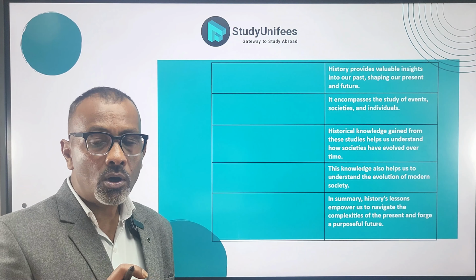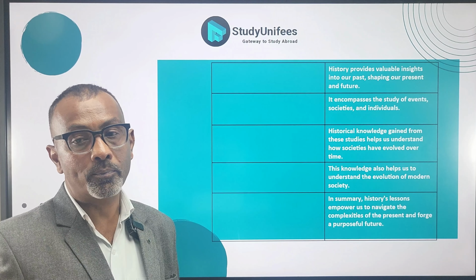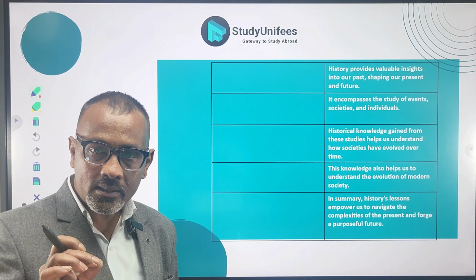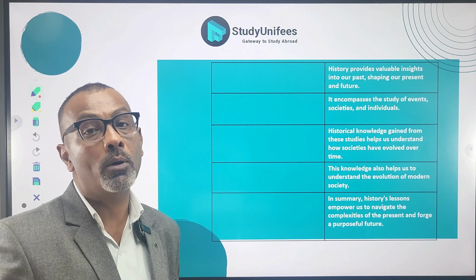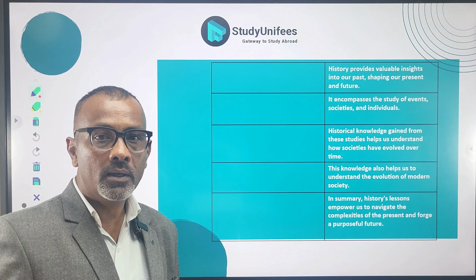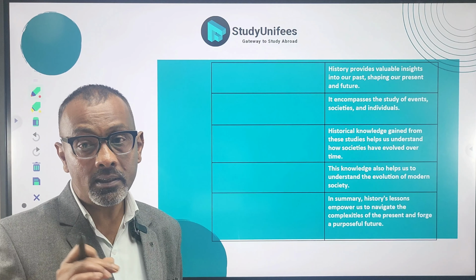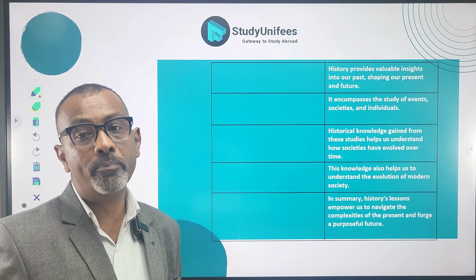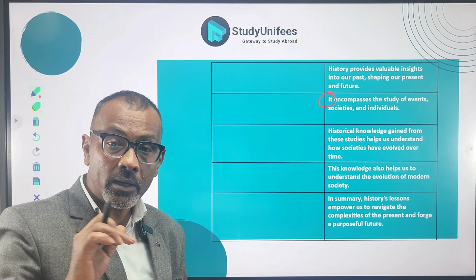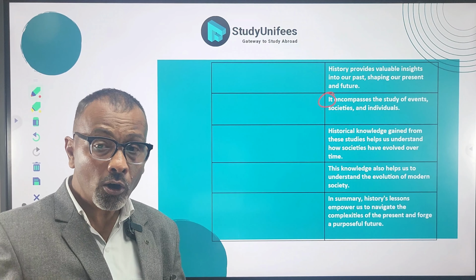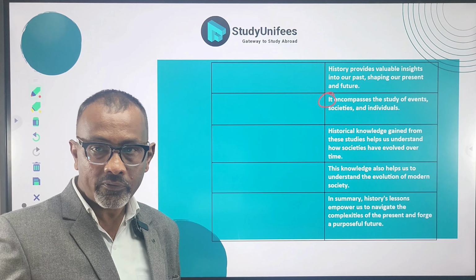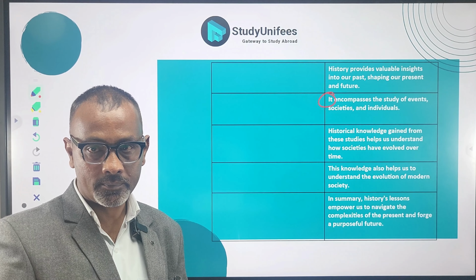Now, finally, let us see how all the precedents and follow-ups are working in this ordered paragraph. The first sentence tells us that history provides valuable insights into our past. It shapes our present and our future. The second sentence refers clearly back to history and tells us more about history, in that it encompasses the study of three things: events, societies, and individuals.